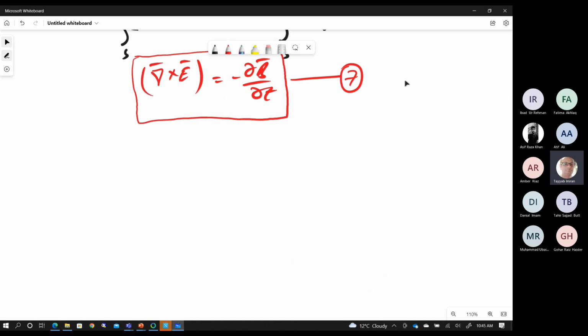Now we move towards question number 4. Sorry, question number 4. We have this one, the last one we are converting. That is the last equation.